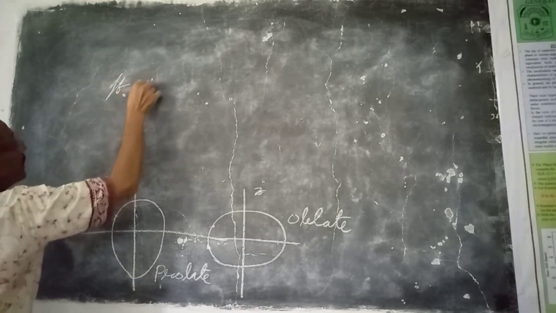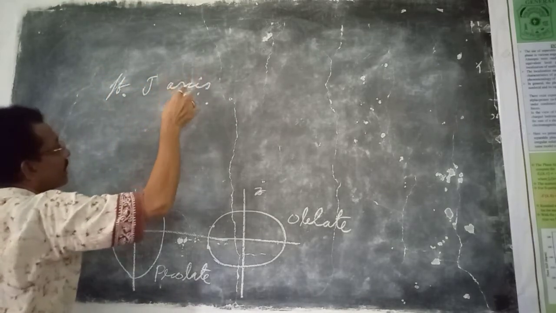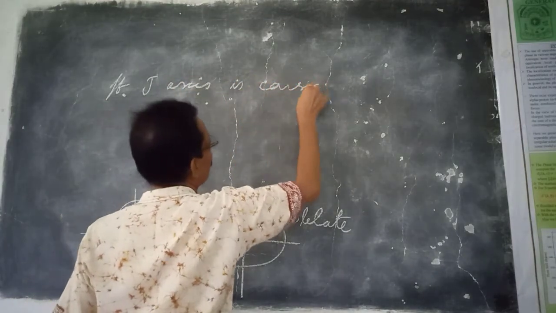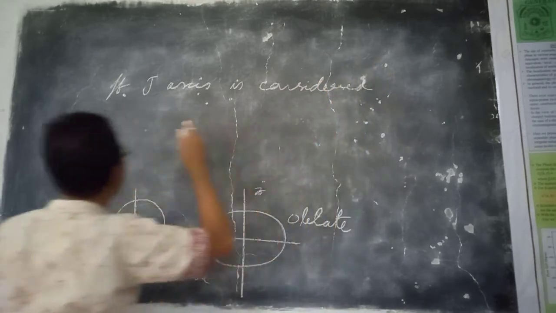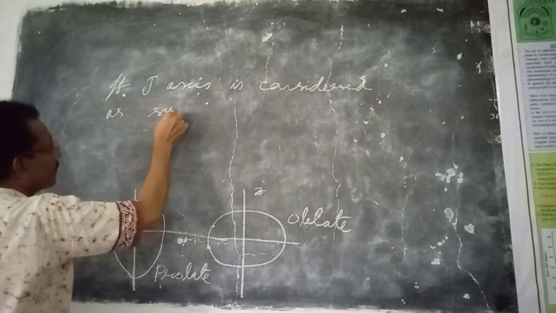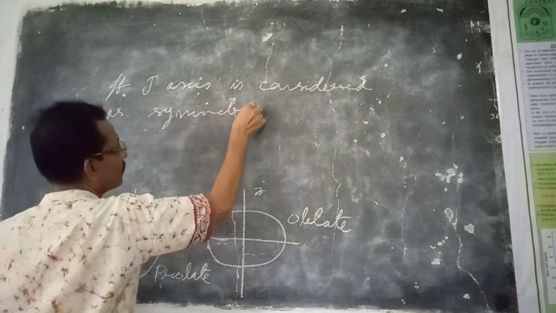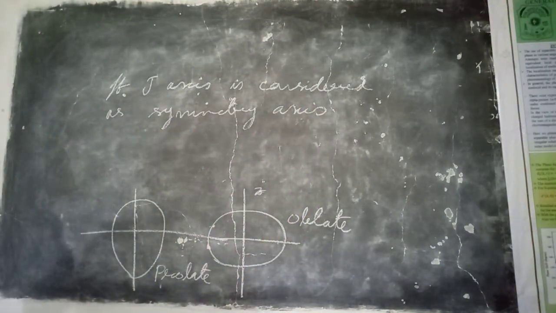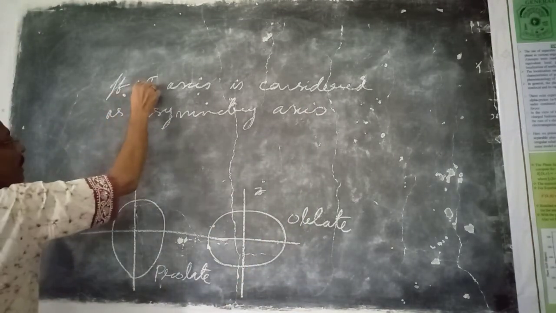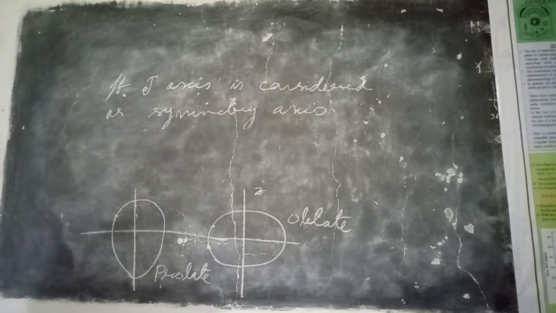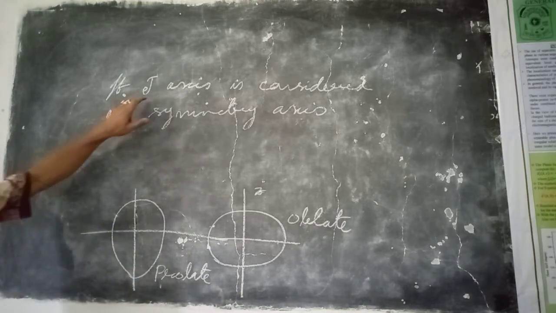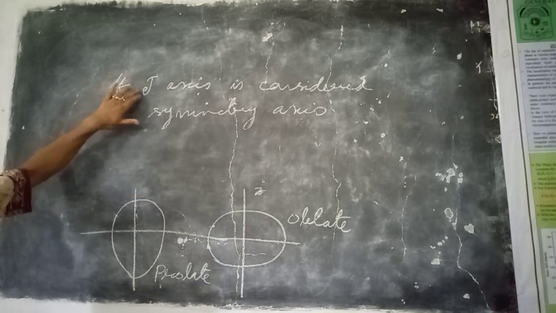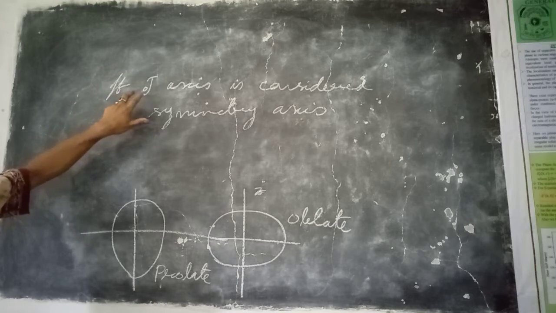If the J-axis or direction of J is considered as the symmetry axis, then the projection of this J on the z-axis, that is the value of mJ, that is the projection of J on the z-axis, that is mJ.